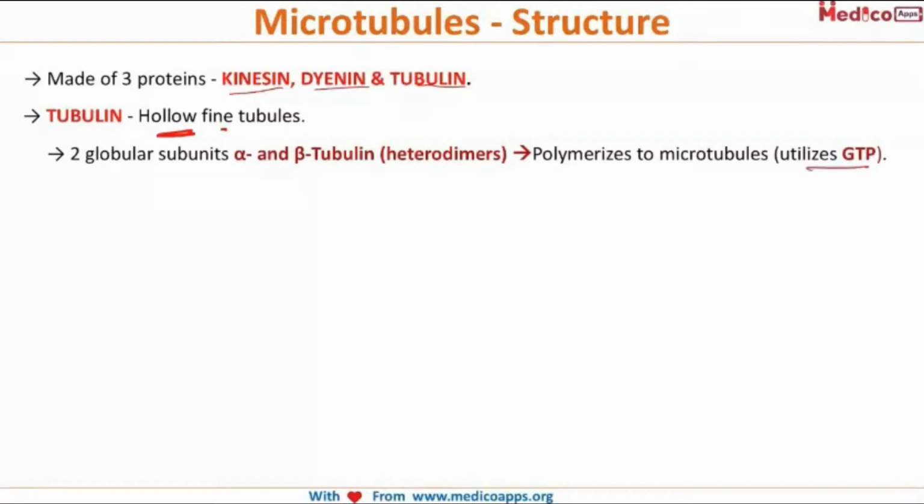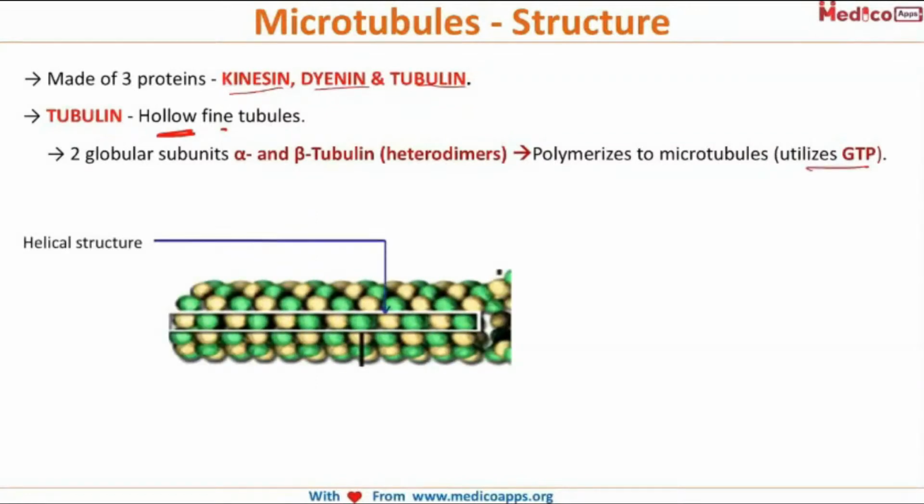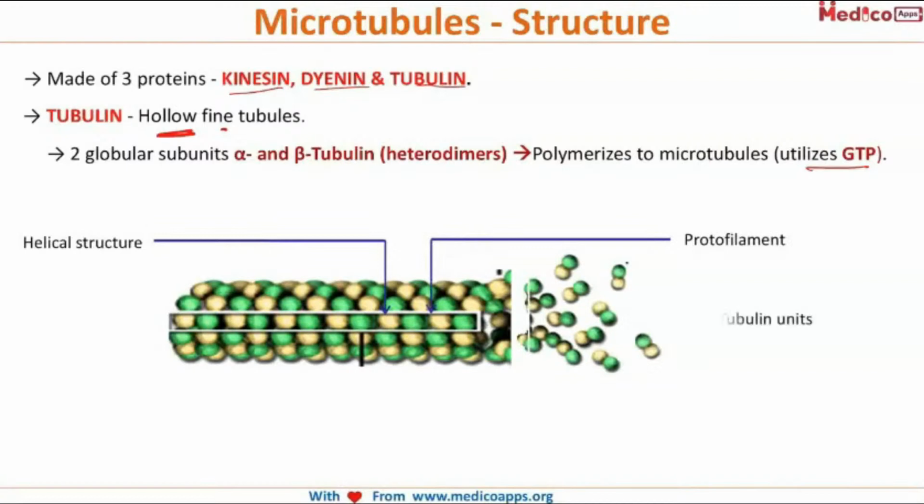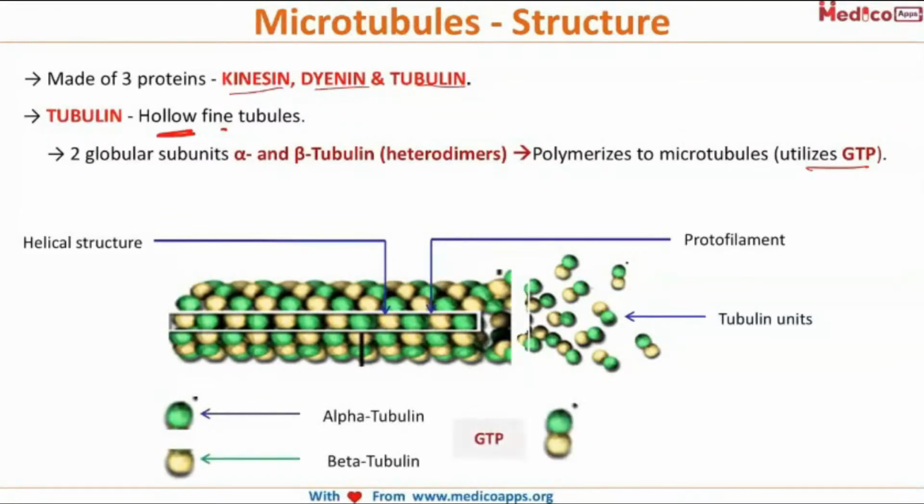You can see in this image the structure of microtubules. It essentially has a helical structure with a protofilament marked here along with its tubulin units, the alpha-tubulin and the beta-tubulin heterodimers. You do not have to remember all this; this is just for information.